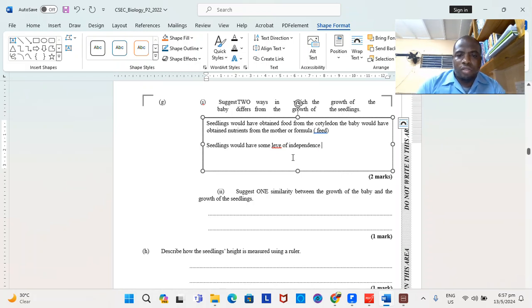So when you think about a seedling, once all factors are good, you don't necessarily have to be with the seedling like you're feeding the seedling, because they have some level of independence. While for the baby, you would have to provide the food for the baby. So you'd have to assist the baby in terms of nutrition.